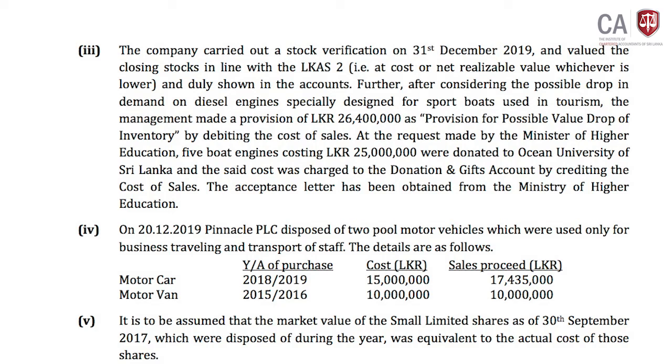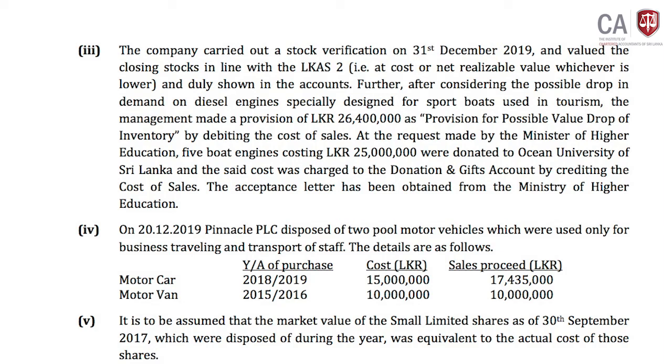Further, after considering the possible drop in the demand on diesel engines, engines specially designed for sport boats used for tourism, the management made a provision of LKR 26.4 million as provision for possible value drop of inventory. What is the word here?